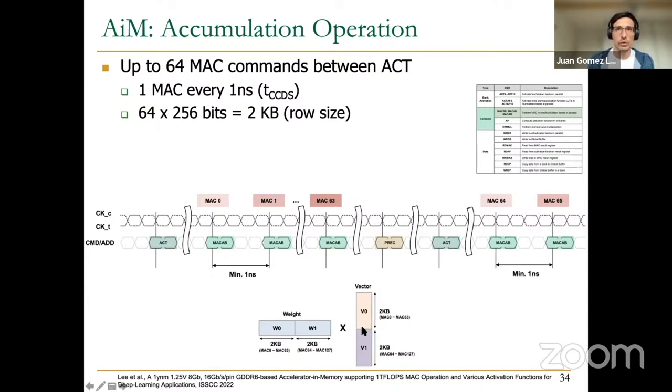This way, in the first activation we've computed the dot product of this part of the weights and this part of the vector, and after the second activation, we perform the dot product of this weight and this part of the vector.